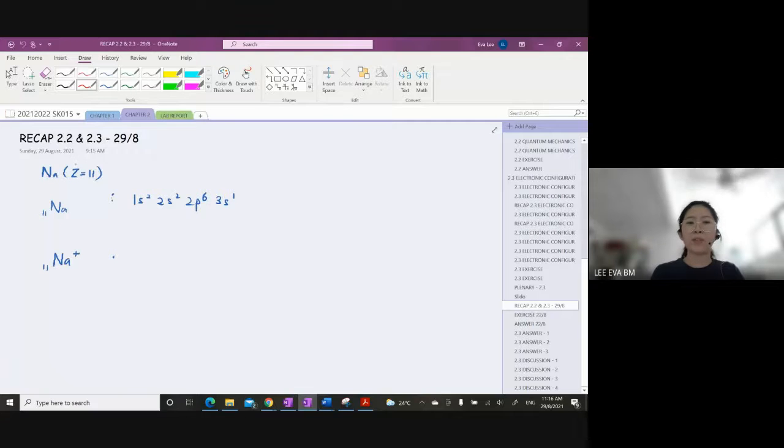Either I give you Z equals to 11, or I write something like this. A notation 11 here means the proton number. Okay, so you know that for a neutral atom, I should have 11 electrons. So this power thingy, your superscript inside here, actually means the number of electron.